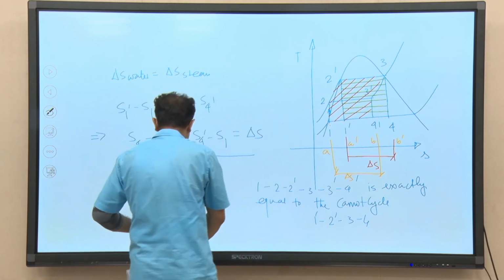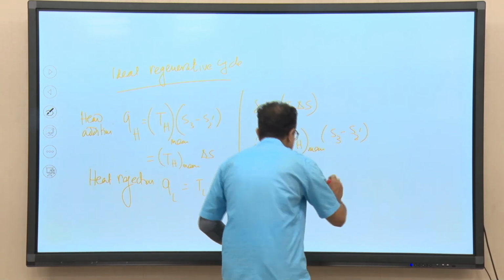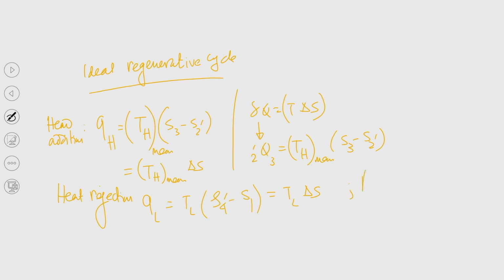So, now if we show the efficiency, the thermal efficiency of the regenerative cycle is equal to one minus TL into delta S by TH into delta S. So, this is not Carnot.